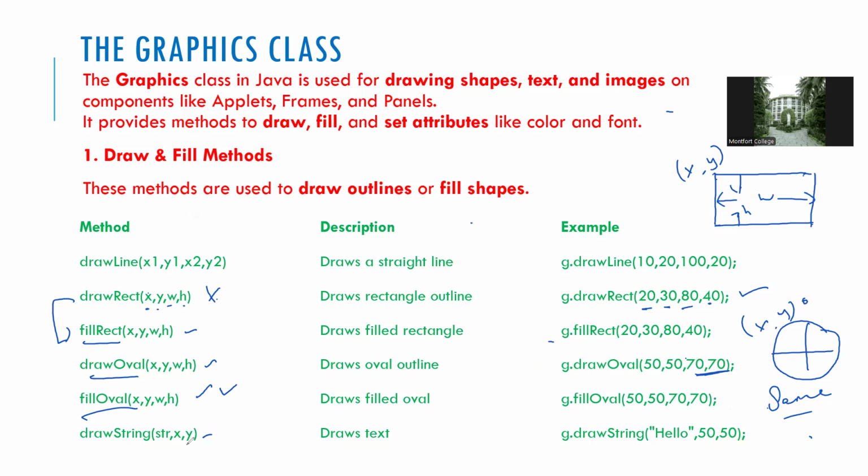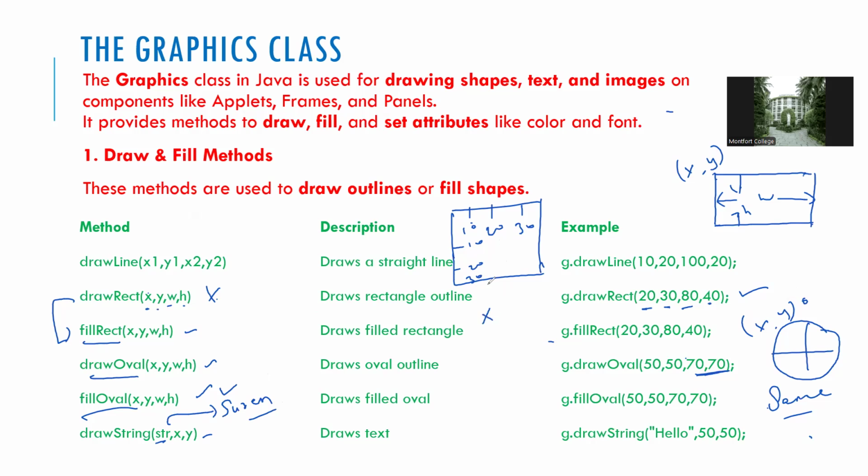Coming to drawString, this is the string which we are going to put into the applet window. So this is the applet window, and here I have numbers like this: 10, 20, 30. Str means string. For example, here I want to display my name, Suren. So where it should start in x, for example, from 20 I want to start, so the x-axis is 20.